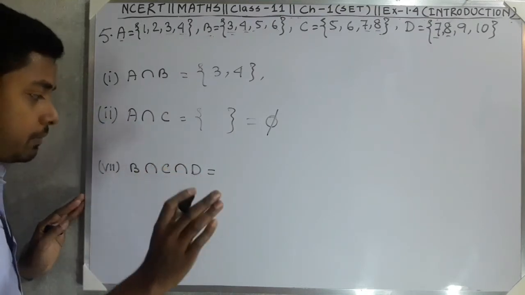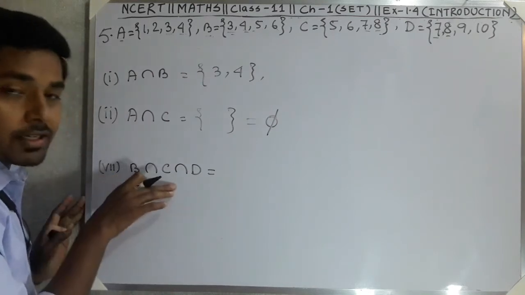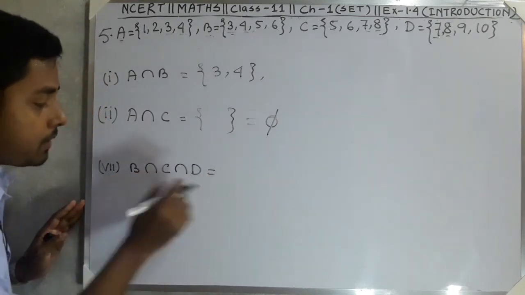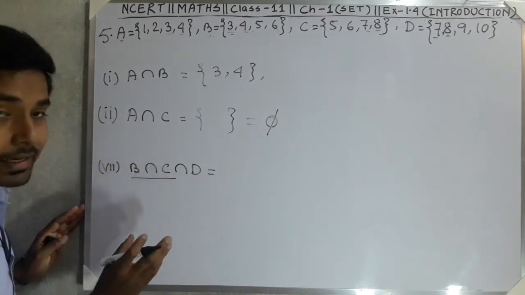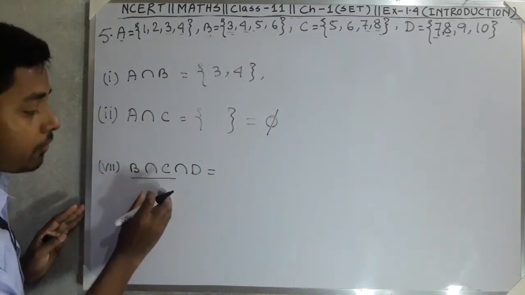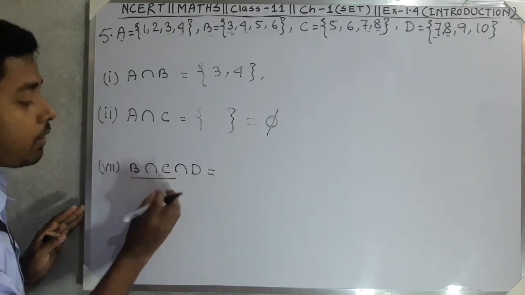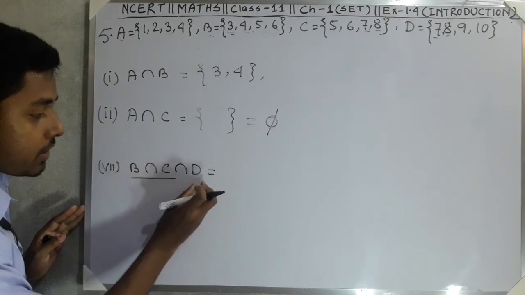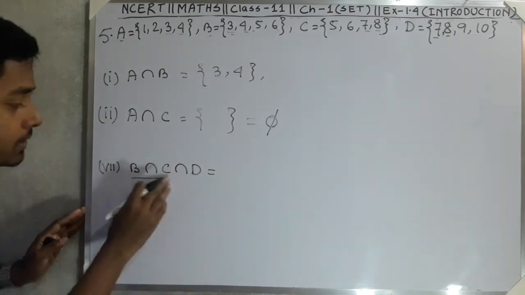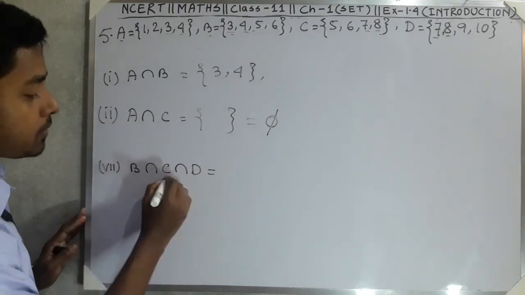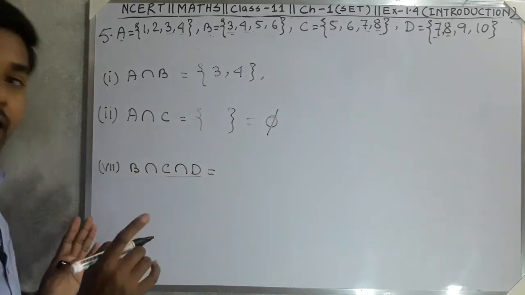Now suppose this type of question. The same thing you have to do here. That means you can start from the first or you can start from the last. You can find out B intersection C at a time, then you have to find out the intersection of this set and D, or otherwise you can find out the intersection of C and D first, then the intersection with B, as you wish.